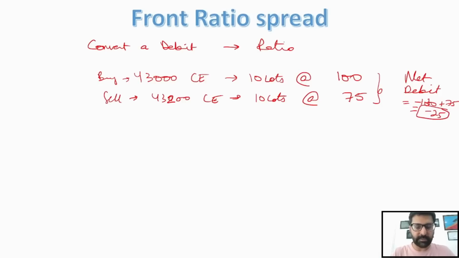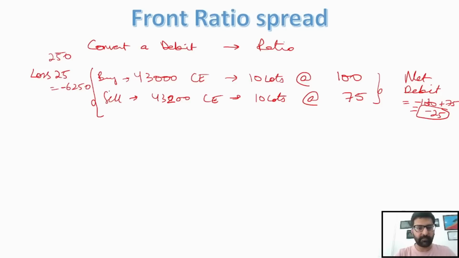Now, for some reason, the markets do not move in our favor and our view goes wrong. So one option is to keep holding this debit spread and incur a loss of 25 points, right? We are having 10 lots, so 250 is the quantity multiplied by 25. So around 6,250 is the loss we have to incur. Now what we generally do is we convert this.